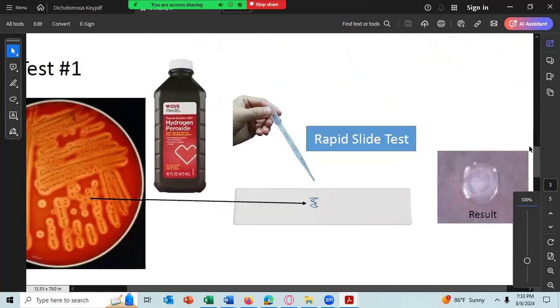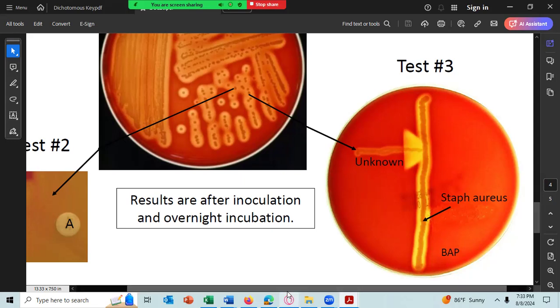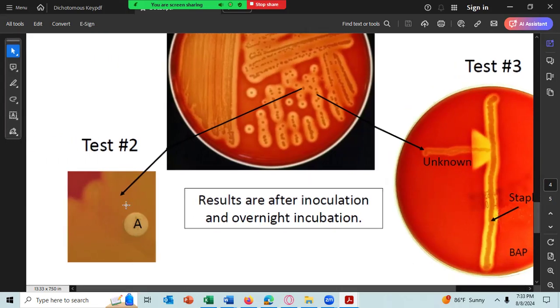we have some other tests. Once again, the coagulase test, the results here. Test 2, shown here, and there's no zone of inhibition around the antibiotic. And I believe that's bacitracin.